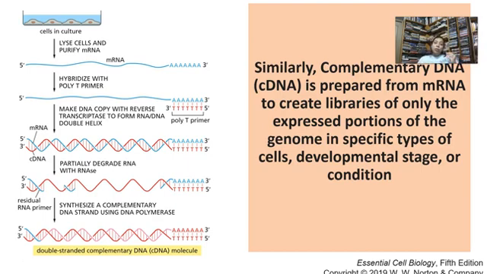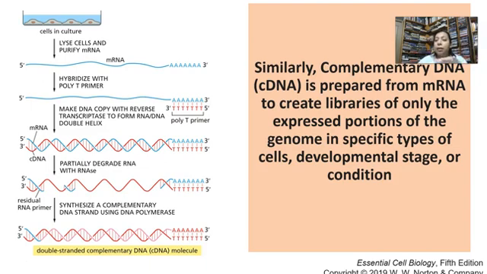In that case, you don't want to create a genomic DNA library, but instead you want to make what we call complementary DNA, or cDNA, which is essentially prepared from mRNA of the genes that are active in a particular cell.